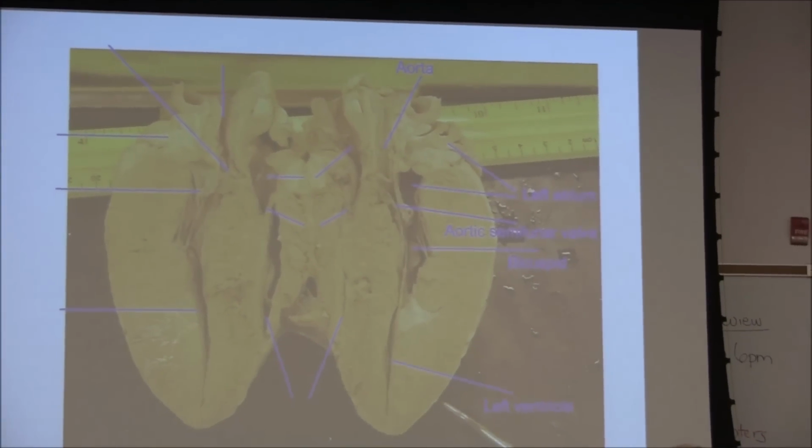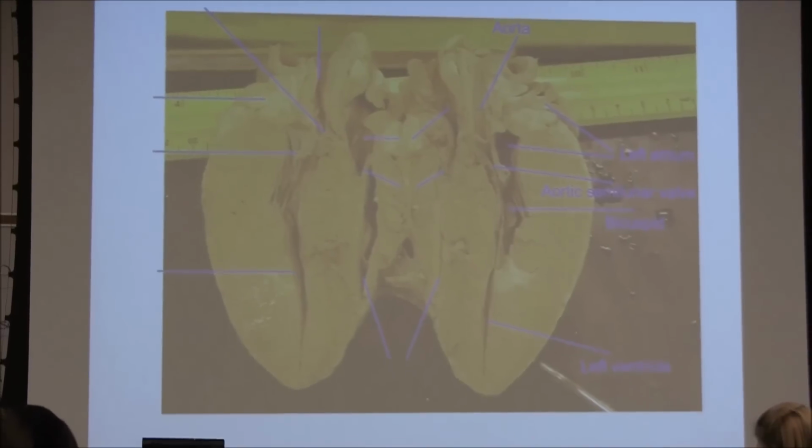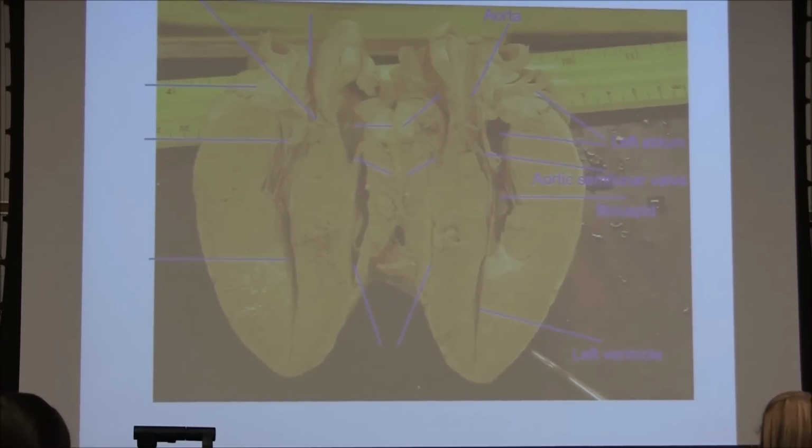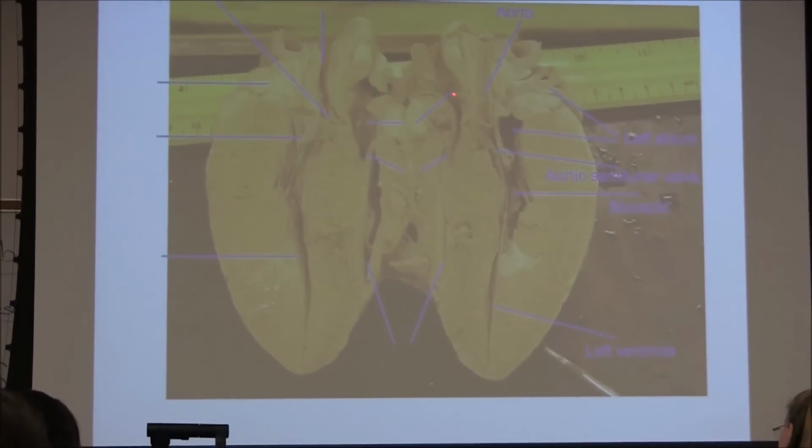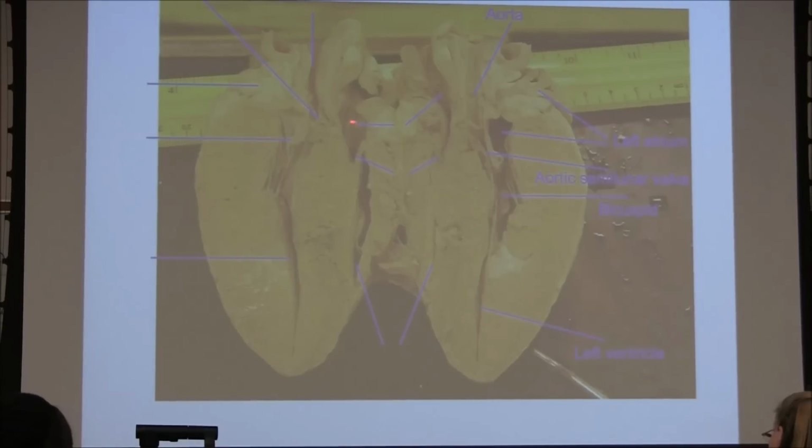What is this down here? That's your left ventricle. What is this here and this here? That's your right atrium.